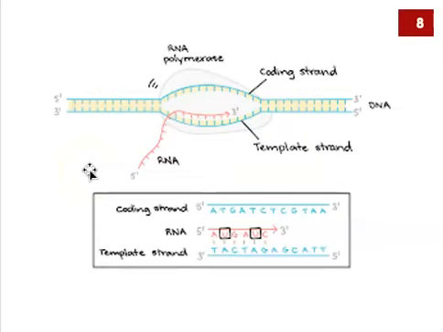Now, there's something else important to notice in this picture. The RNA is being made on one of the two strands of DNA, just one. Only one of the strands of DNA has the code in it to build a protein. We refer to that strand as the template strand. This is different from what we saw in DNA replication. In DNA replication, the entire DNA molecule has to be replicated, has to be copied.